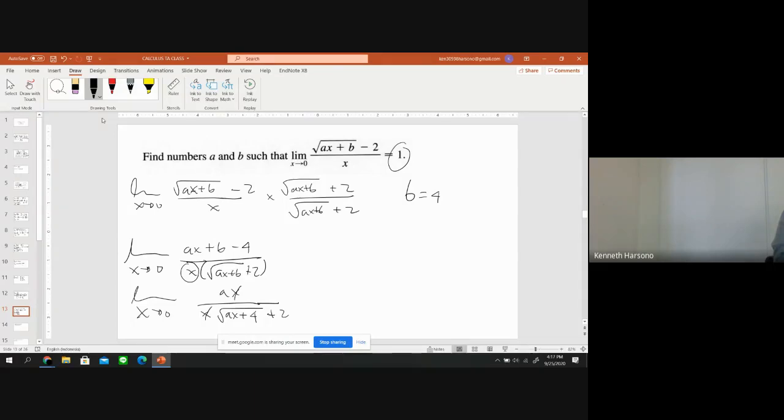So we get a over the square root of x plus 4 plus 2, which has to equal 1 when we put in zero. So a over the square root of 4 plus 2 equals 1. Sorry, a over 4 equals 1. So the answer is a equals 4.